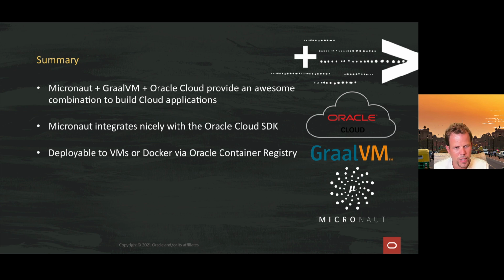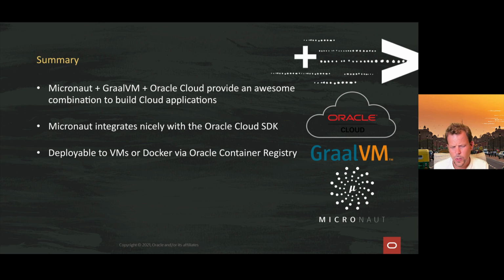So, in summary, Micronaut plus GraalVM plus Oracle Cloud provide an awesome combination to build cloud applications. Super productive, great tooling, and Oracle Cloud provides the performance and services that you need to build modern cloud applications. And Micronaut integrates superbly with the Oracle Cloud SDK, adding support for native image to it, and exposing it automatically to your application on demand.